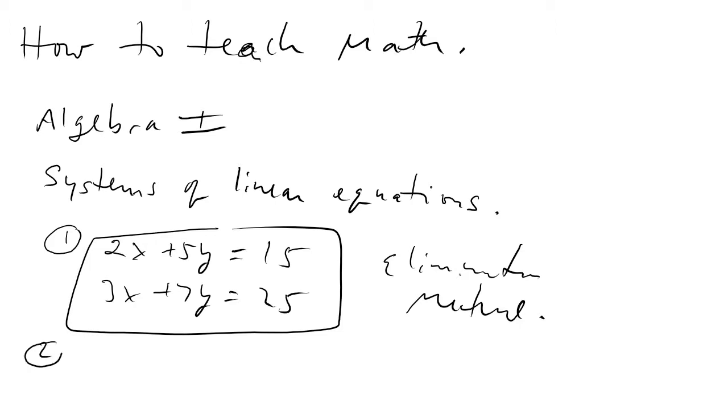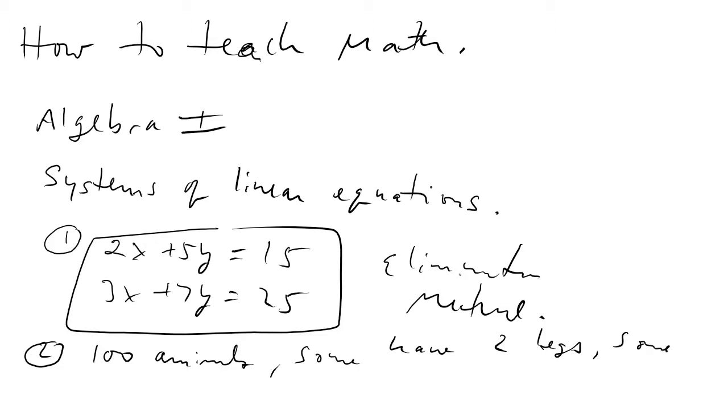I think I'd also like them to be able to apply systems of equations to questions like word problems. There are 100 animals. Some have 2 legs. Some have 4 legs.